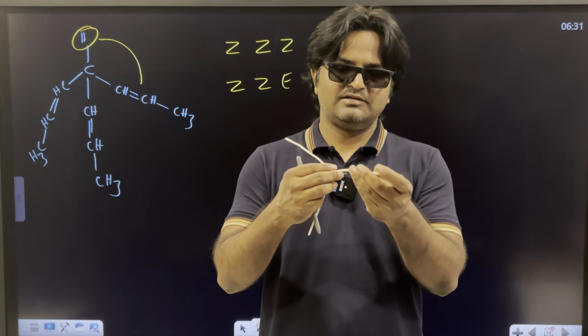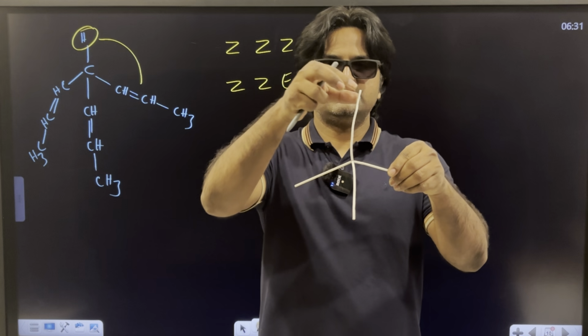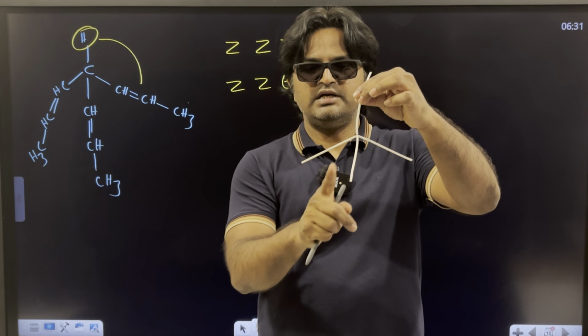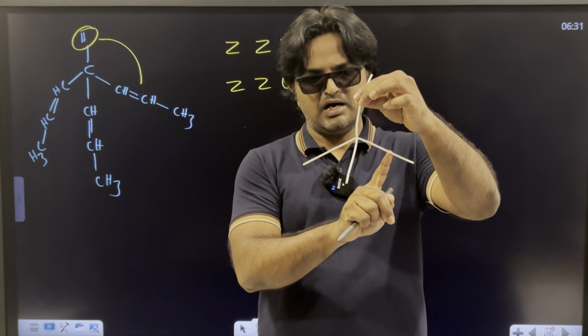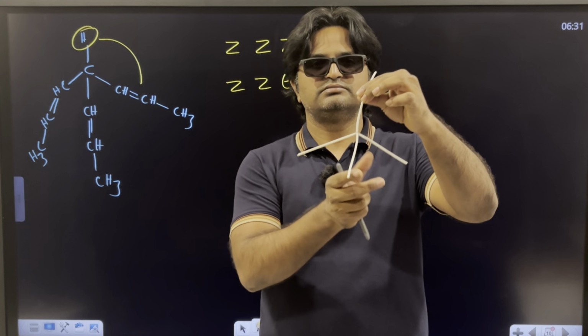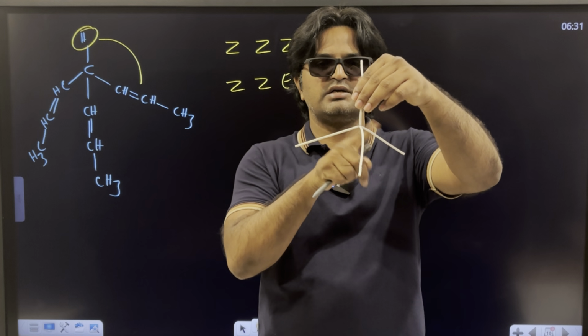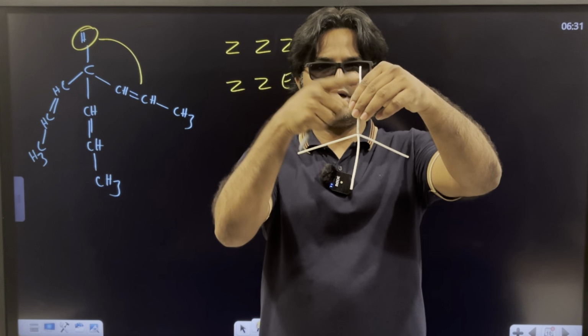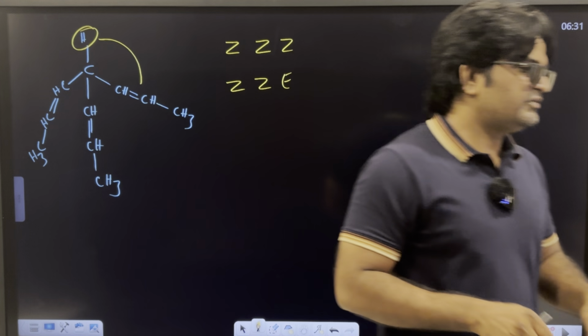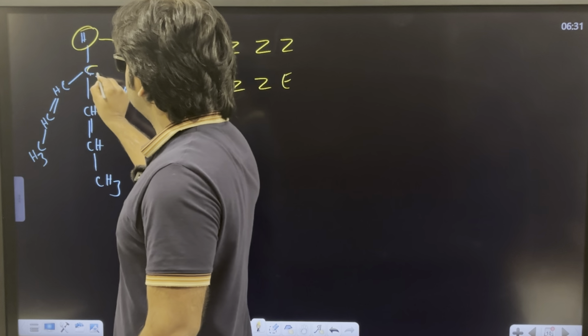Yeah, this is the hydrogen atom. Z, Z, E or E, Z, Z or Z, E, Z, all are the same. Why? Because these three bonds are equivalent with respect to that hydrogen. No change. That's why, in case a tetrahedral molecule is given, this is our tetrahedral carbon atom.